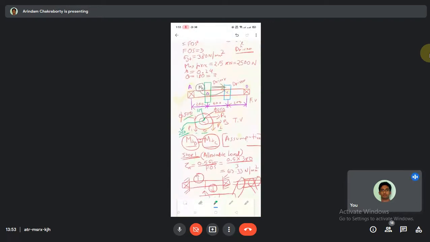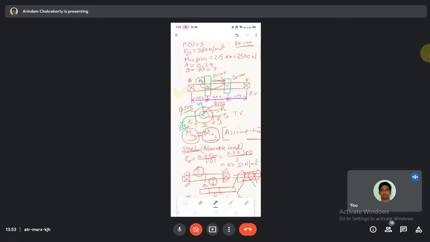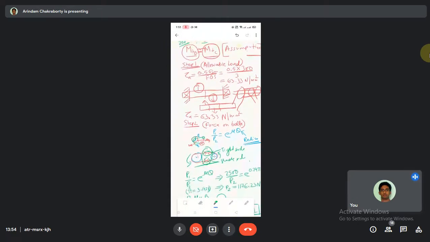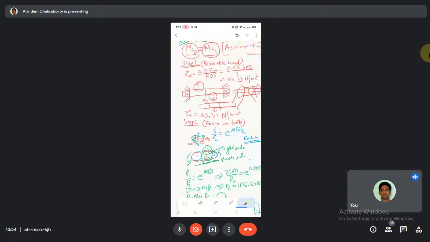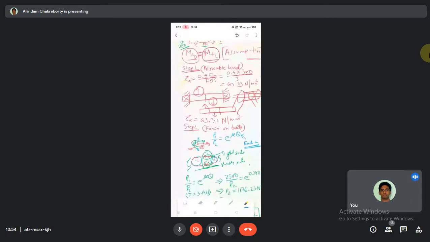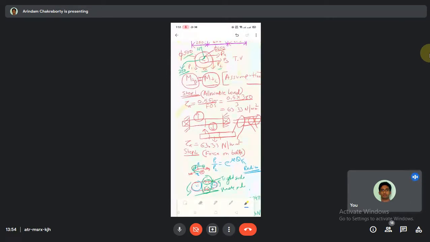After that we have assumed that MTB is equal to MTC, as we know. After that we have found out the allowable load that we can apply. Then we have found out the forces on each pulley. That means we have talked about P1, P2, P3, P4. So this is what we have done.